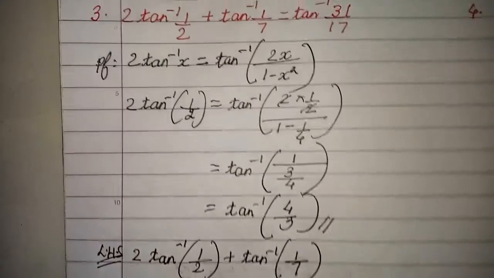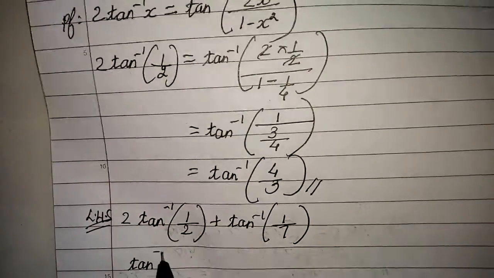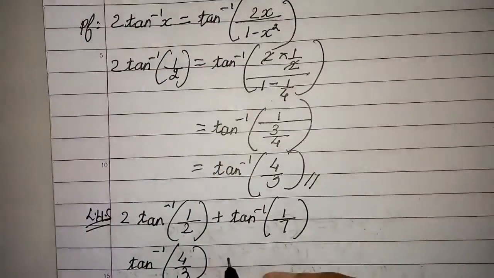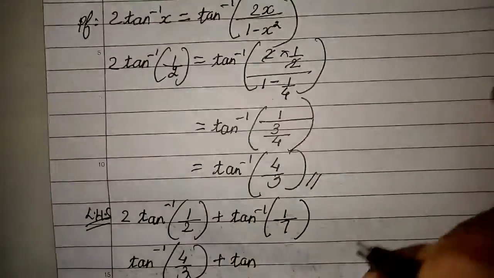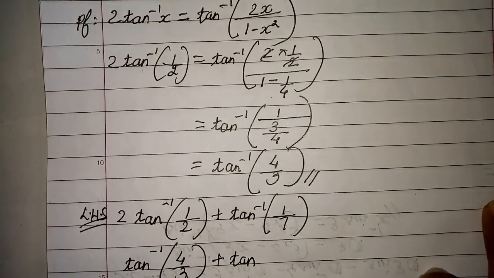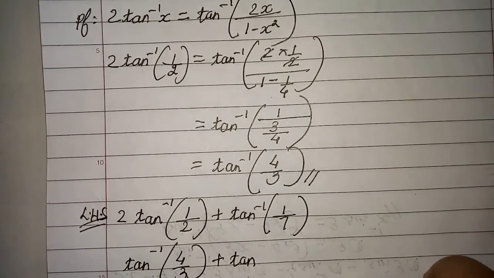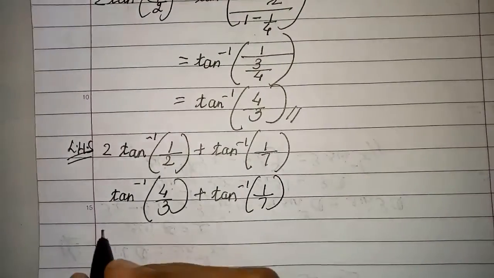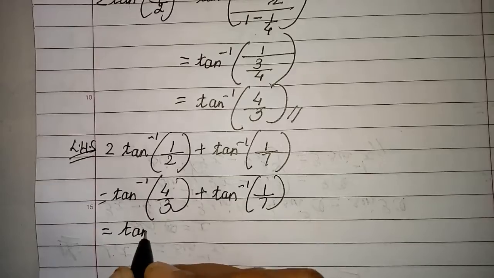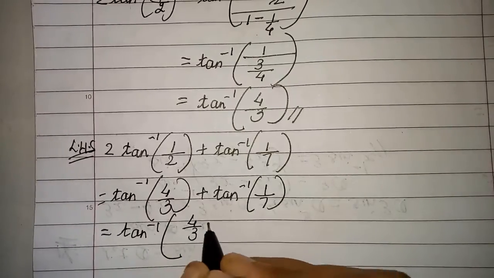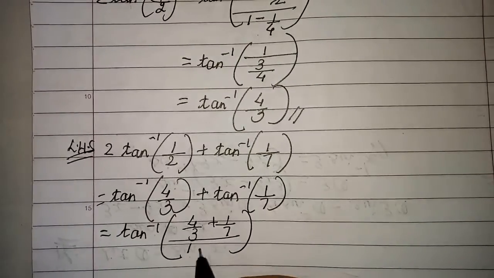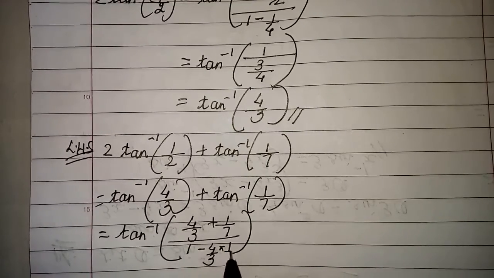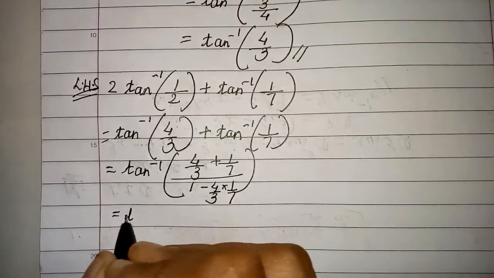So this, I got from my question LHS. This is tan inverse of 4 by 3. Just now I computed. Plus tan inverse of 1 by 7. So again formula. This is tan inverse of A plus B upon 1 minus A into B. Simplify.